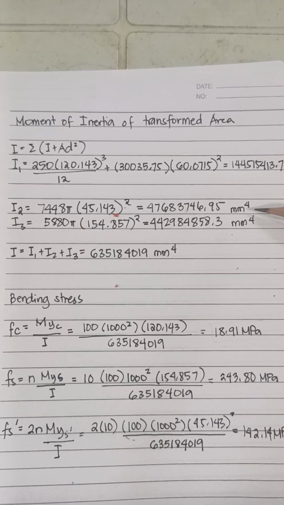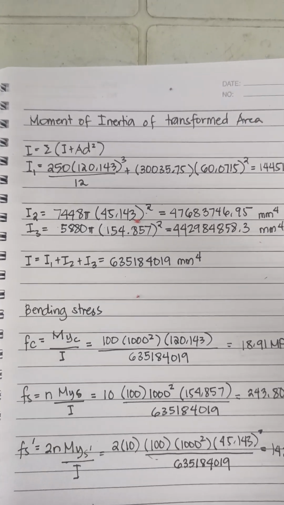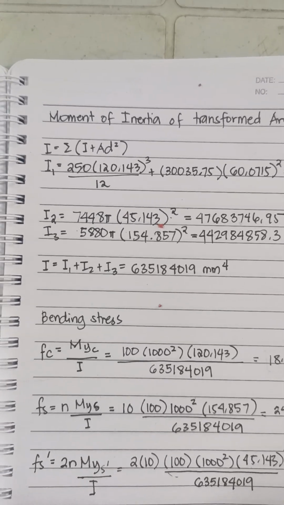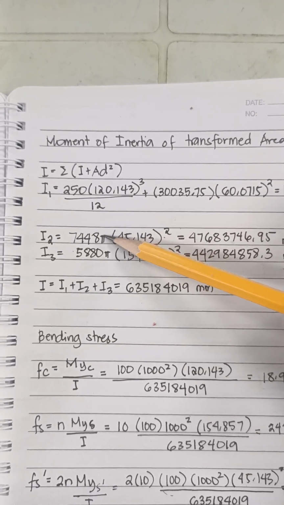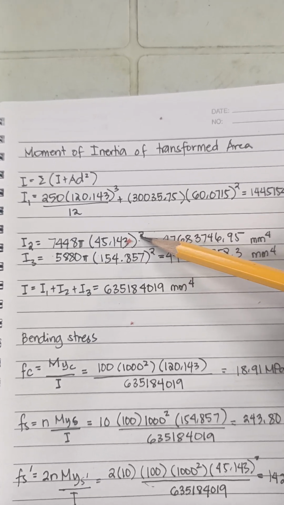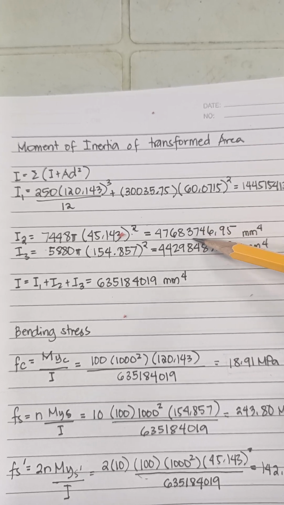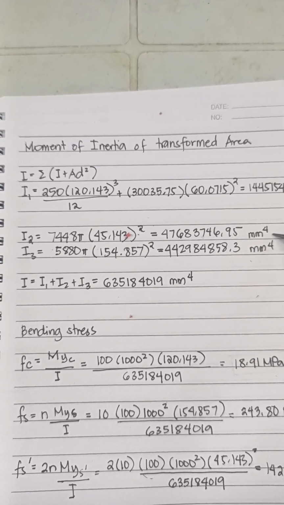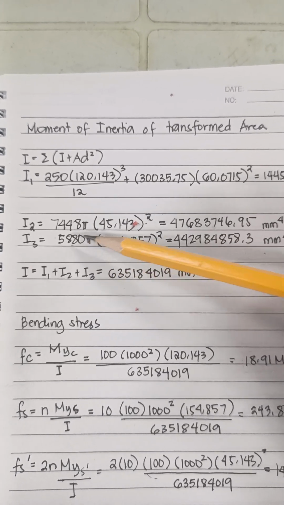The next is I2, which is the moment of inertia of the compression steel. We have 7,448 pi for the area, and for d we have 45.143 squared. That results in this value, 47,683,746.95 millimeter raised to 4, and the same method applies to I3, area times d squared.